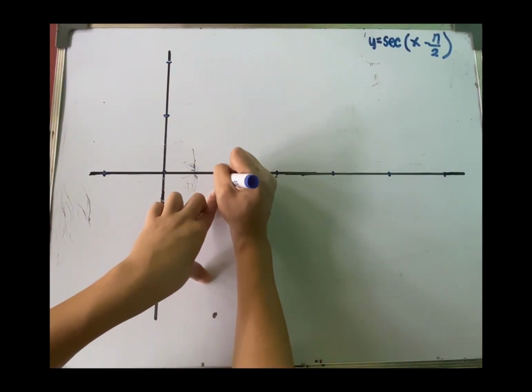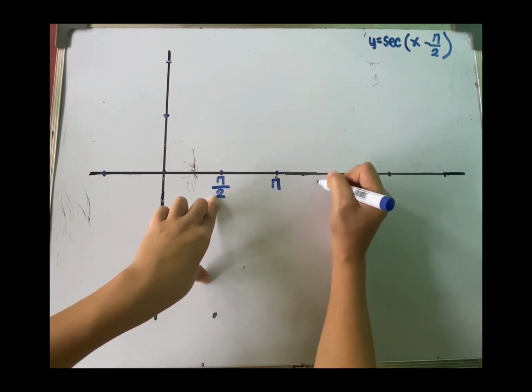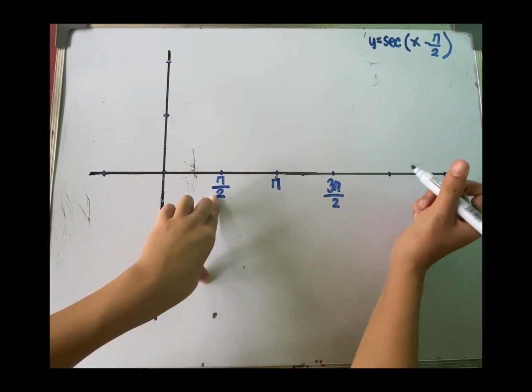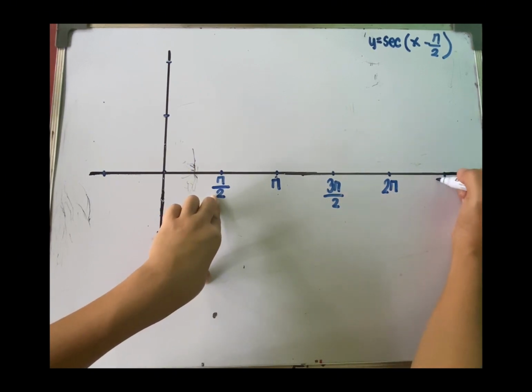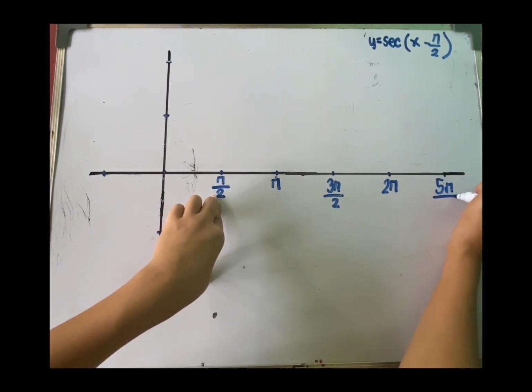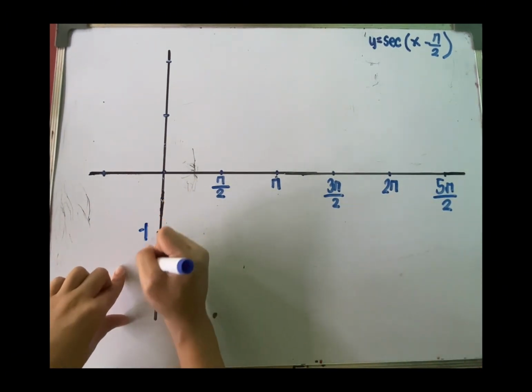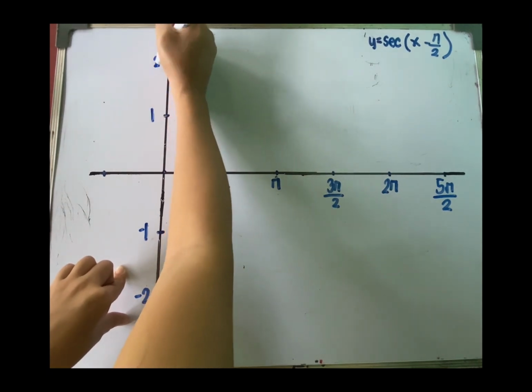We put all our x here: pi over 2, pi, 3 pi over 2, 2 pi, and 5 pi over 2. And for our y: 1, 0, -1, 0, and 1.